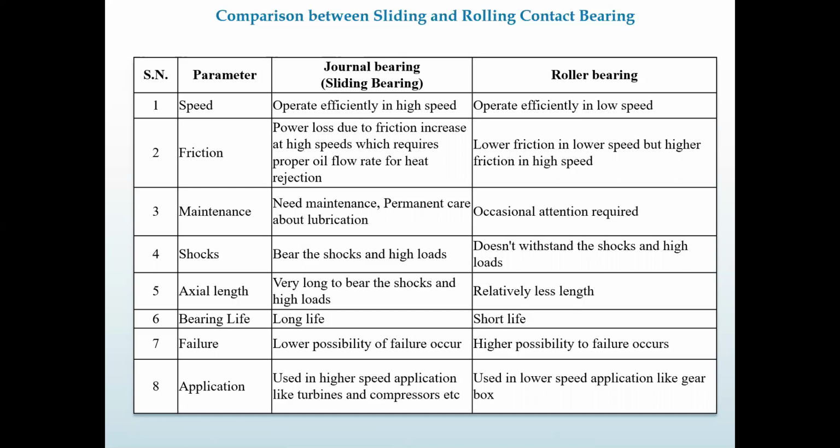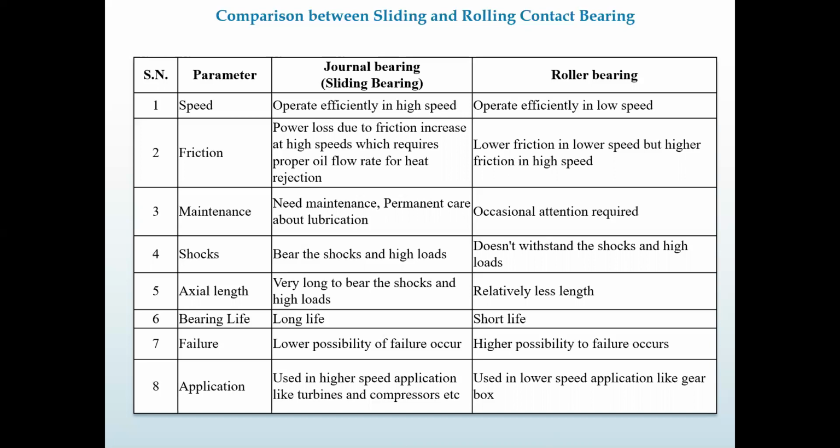About the friction, the power loss due to friction increases at high speed, which requires a proper oil flow rate to reduce the heat generated. But in a rolling contact bearing, there is low friction at lower speed, but high friction at high speed.